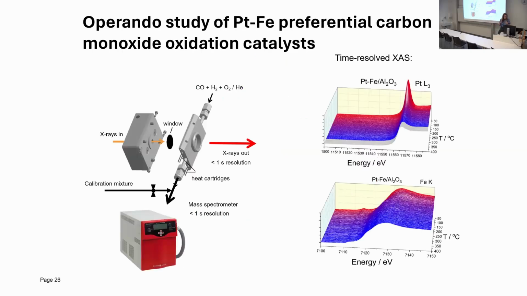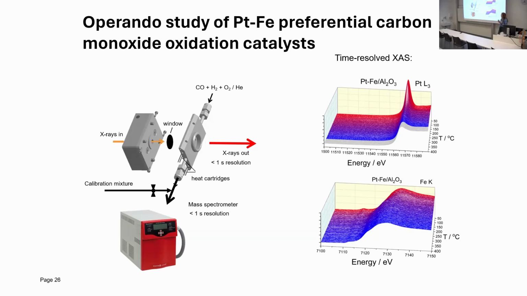So we decided to check it systematically. Again, operando cell. In this case, we use a mass spectrometer to measure the activity, and we measure X-ray absorption spectroscopy at the platinum L3 edge and iron K edge.